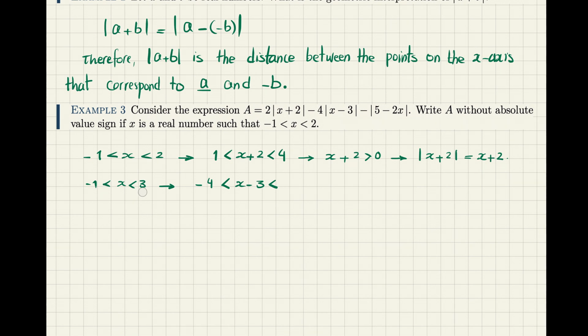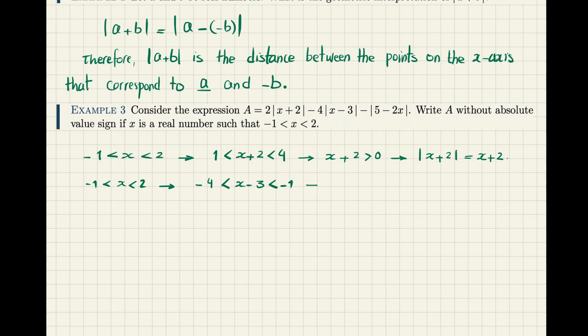This is not 3, this is 2. So this is 2, and then this becomes minus 1. Okay, so I started from here. This motivates me to subtract 3 from every side of this, so I just did that, and I get this one. x minus 3 is a number that is between minus 4 and minus 1.